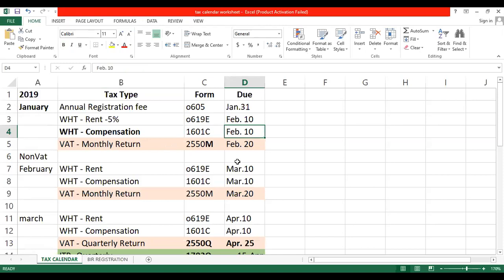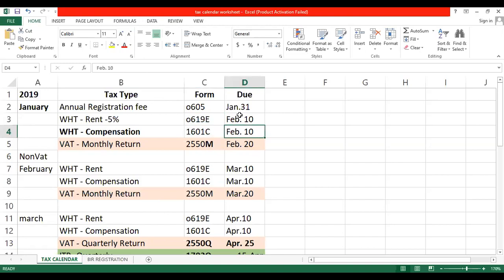So if we are talking about my salary for June, then UC must remit that to the BIR on or before July 10. Then they would be using BIR form 1601C. By the way, C stands for compensation. Before TRAIN, this used to be 1601E, but this time they interchanged it.